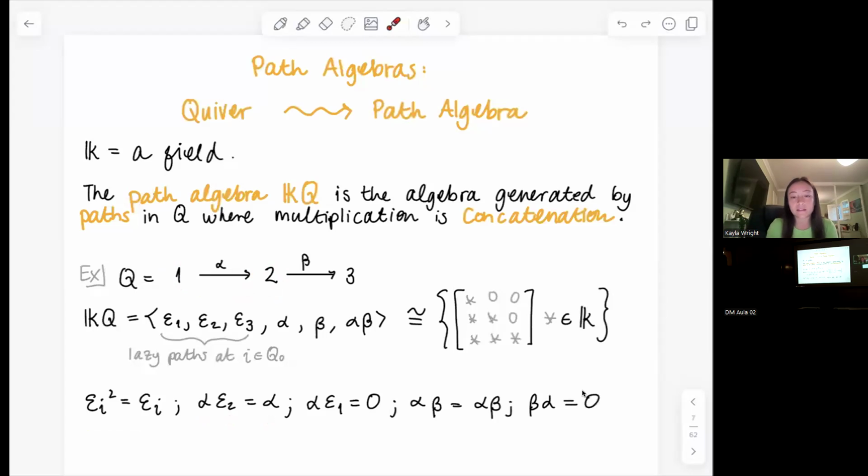So when it makes sense to multiply the lazy paths, you can do it, but in the opposite order, for example, if we were to try to do first alpha and then epsilon 1, this doesn't make sense with the orientation of the arrow, so we set those multiplications equal to 0 if you can't actually see it as a path in the quiver. Okay, so this is the path algebra and the way that the multiplication works. And just pay attention that we did have this isomorphism to this matrix algebra, because this will come up later.